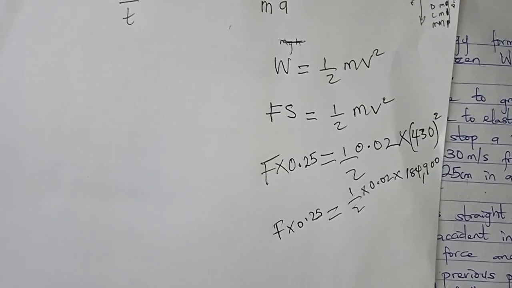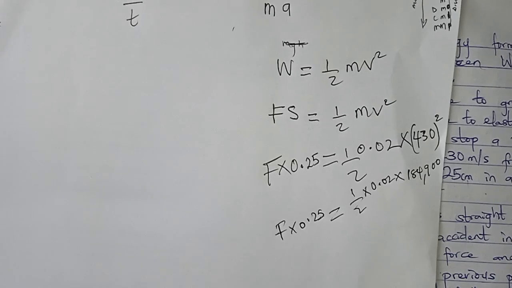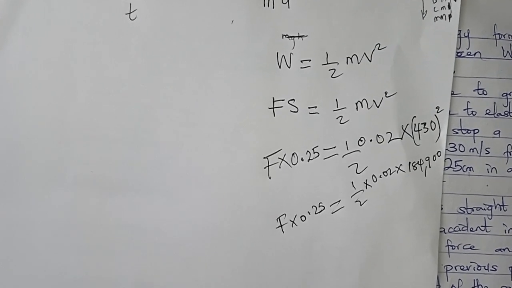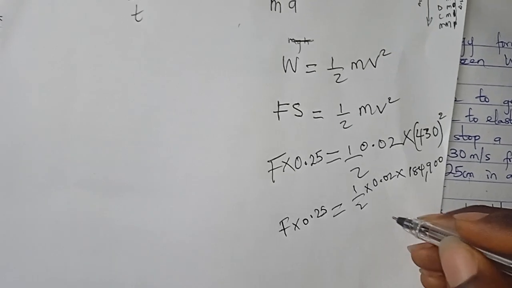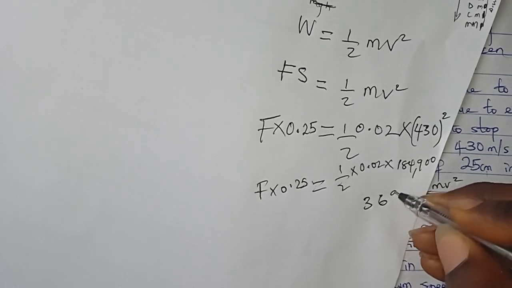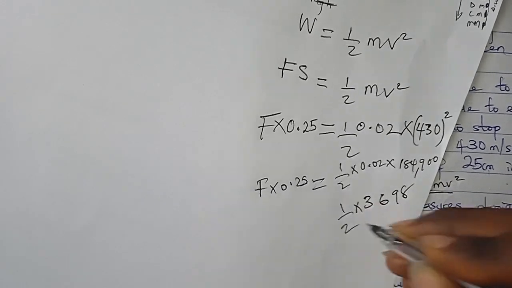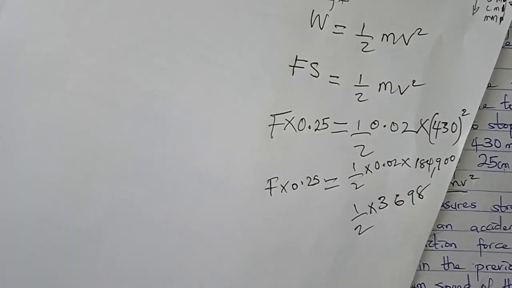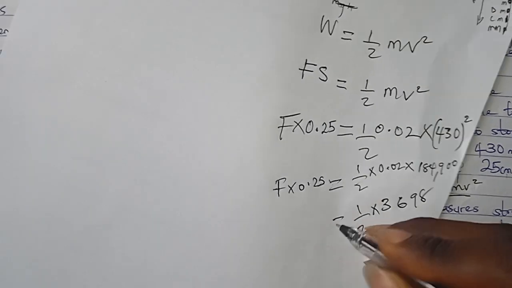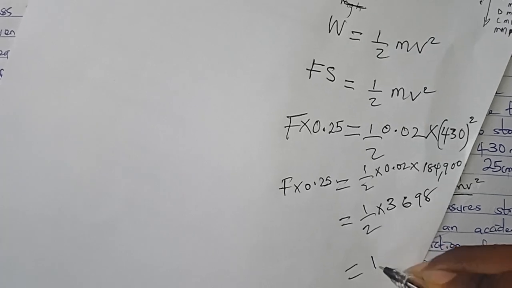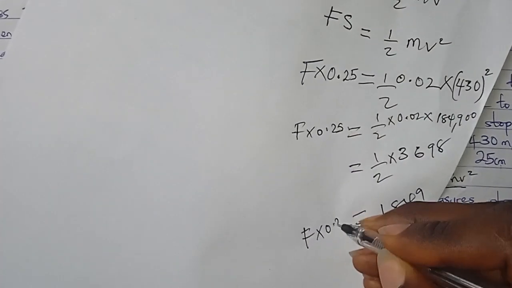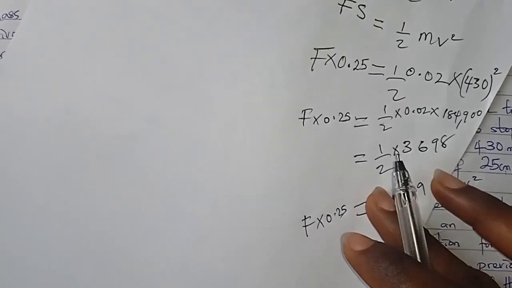So we do 184,900 times 0.02, you get 3,698, times half. So 3,698 divided by 2, you get 1,849. So F times 0.25 is equals to 1,849.